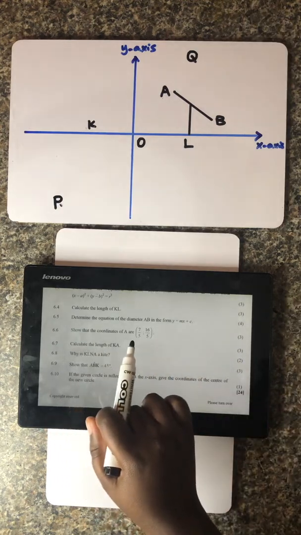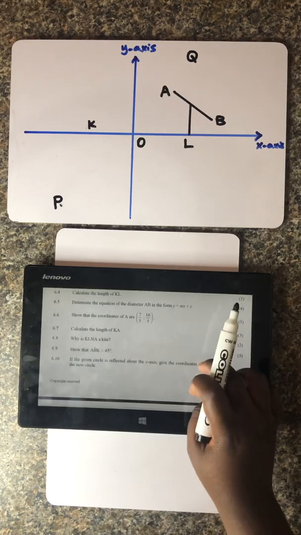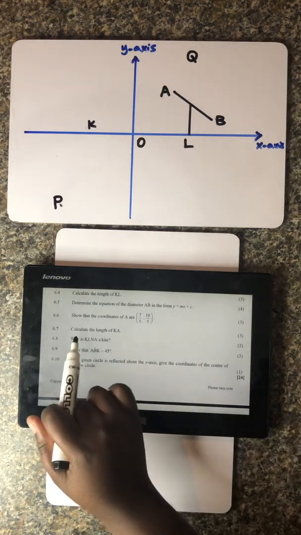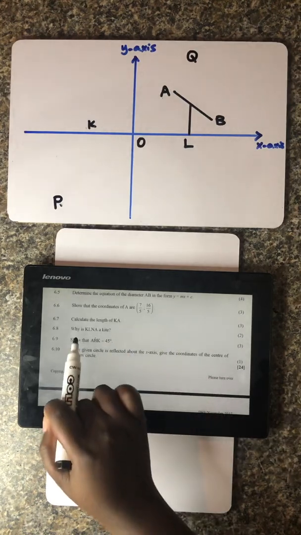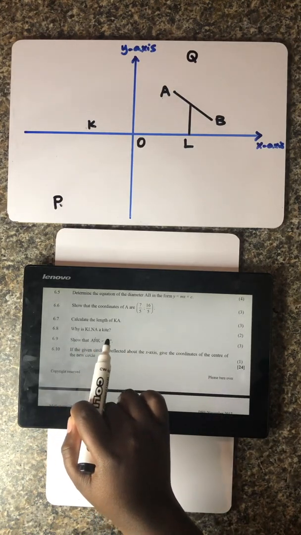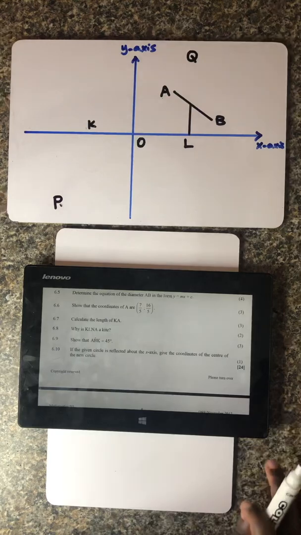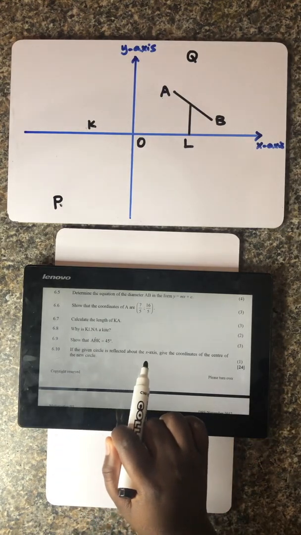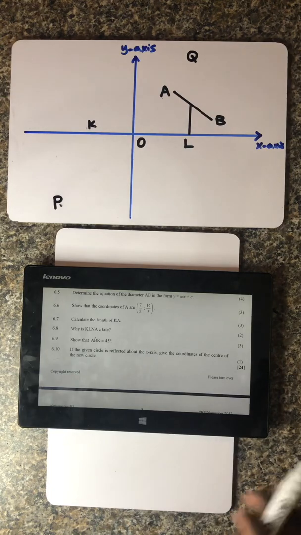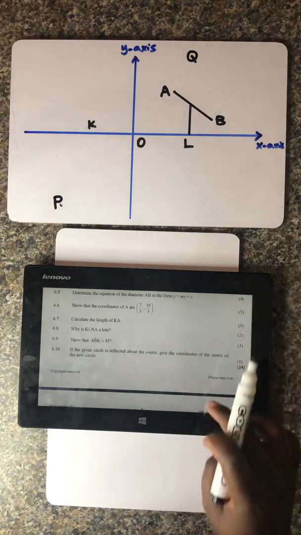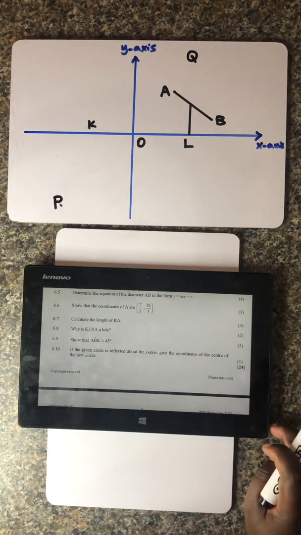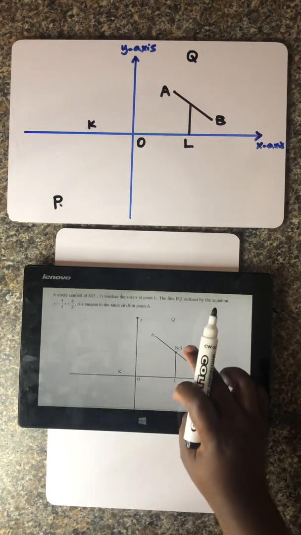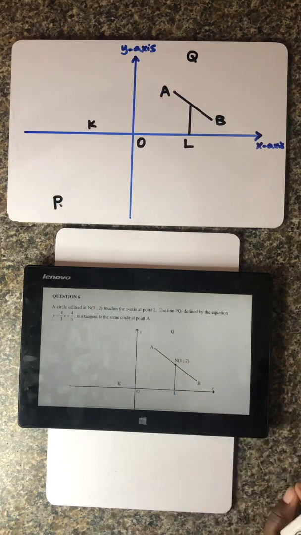Show that the coordinates of A, we'll see where A is, are that. Then we calculate the length again. Why is that a kite? Show that the angle is 45. If the given circle is reflected about the x-axis, then they will want us to give the coordinates of the new center, in case there's a reflection about either the x or the y-axis.